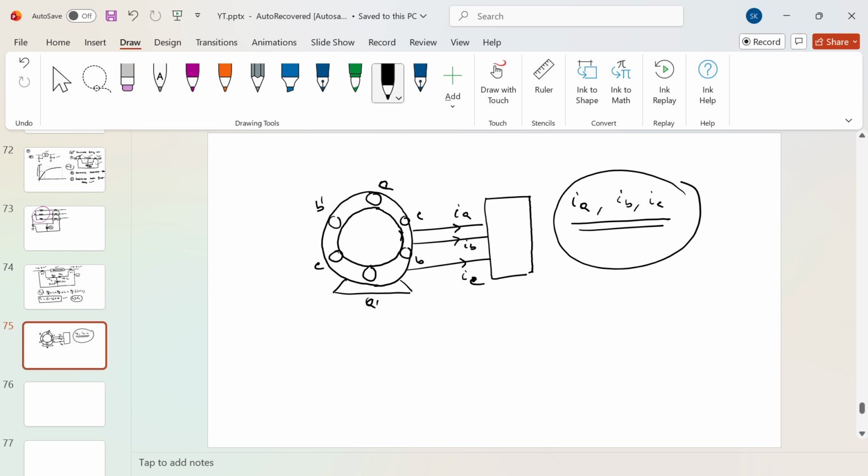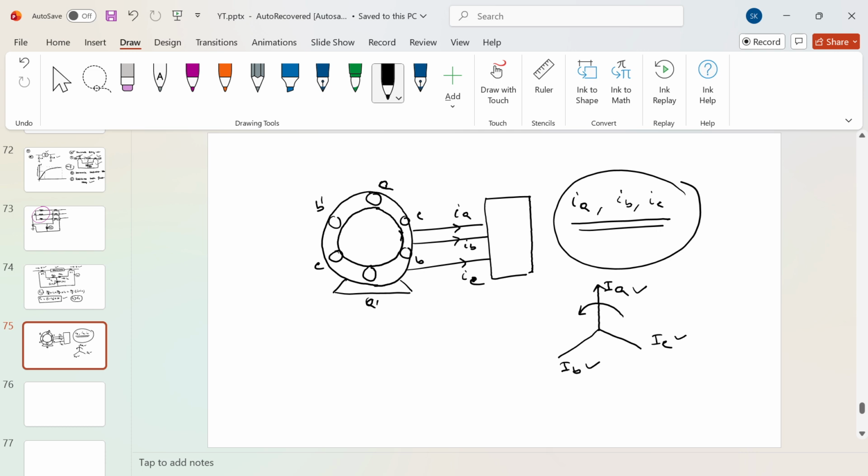Here I am interested in the negative sequence component because of the unbalance. So this is my IA, this is my IC, this is my IB. This is my negative sequence: A phase, C phase, and B phase. We call it the negative sequence component.